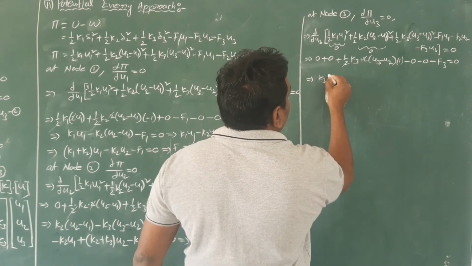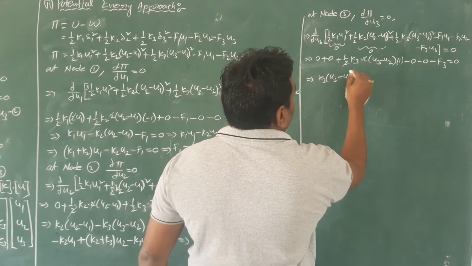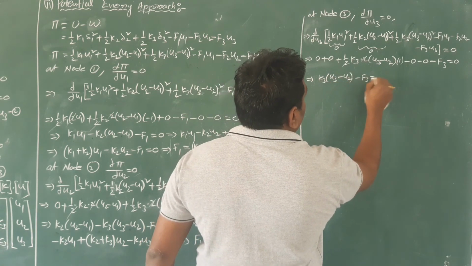k3 into (u3 minus u2) minus f3 is equal to 0.